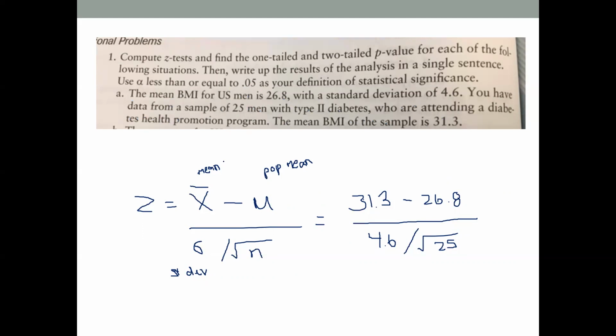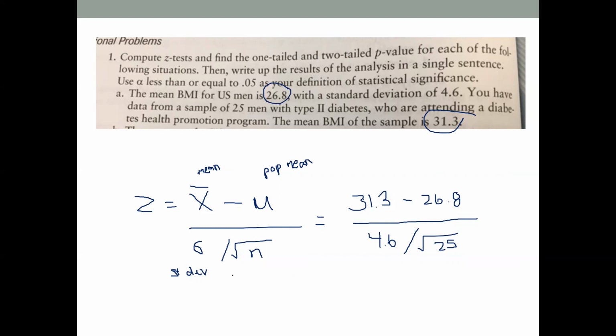So what you're going to do is write out your equation. You're going to take the mean of your sample, which is 31.3. We get that from here. And you're going to subtract the population mean, which is right here.